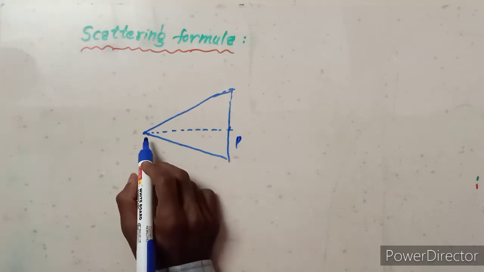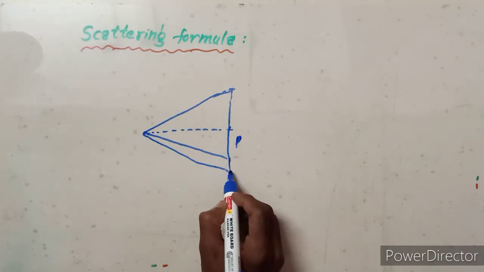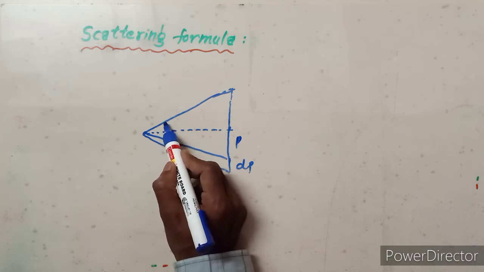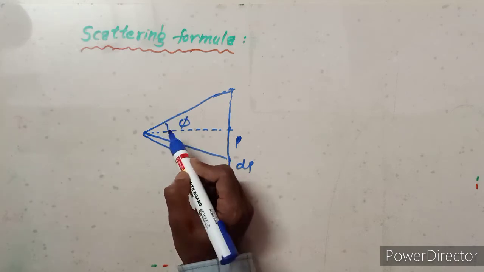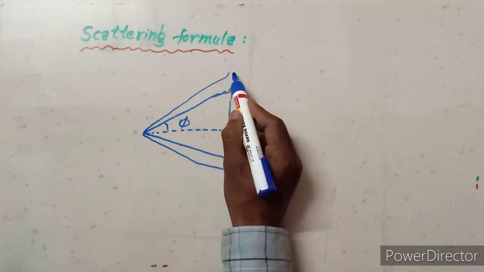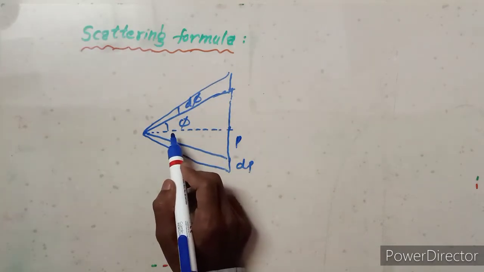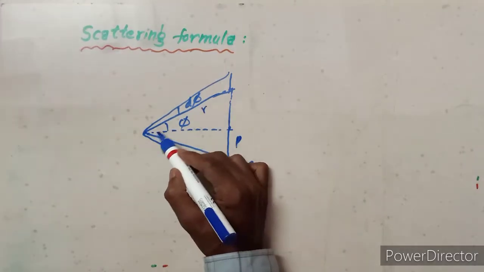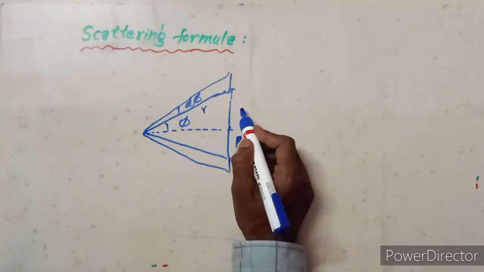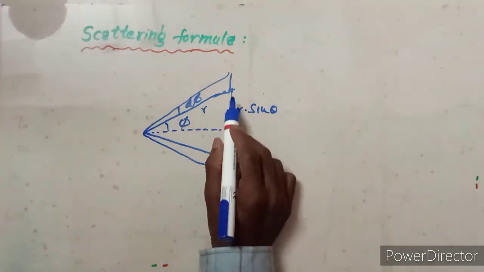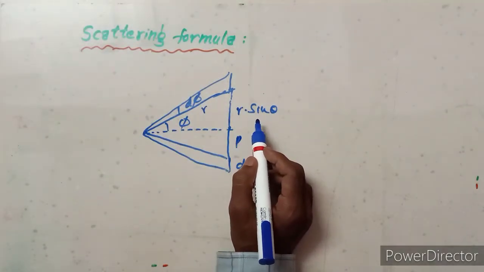This is the P, this is the dP, this is the phi, this is the d phi. So this is r, the distance. This is r sin theta from the right angle triangle, r sin theta.